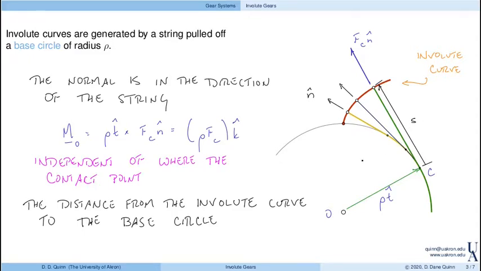Let that be S. Well, it's going to be the length of the curve that was on the cylinder. So it's going to be this length. And if this angle is phi, this length is rho times phi.